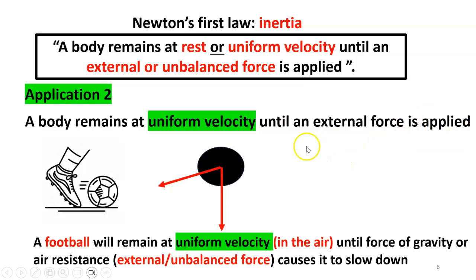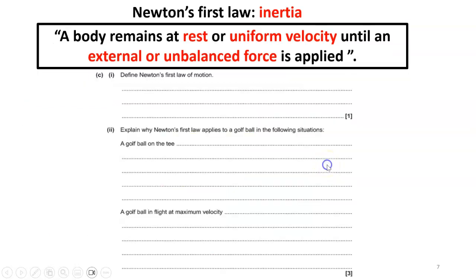And I suppose when we're looking at Newton's first law, there are two applications for a reason. So what I'm going to do is put up an exam question for you so you can have a look at this and why I've taught it like that. As you can see, it says define Newton's first law of motion. It just says first law, it doesn't say inertia, so you need to say inertia and then build it up from there. It then asks to explain why Newton's first law applies to a golf ball in the following situations. One, a golf ball on the tee.